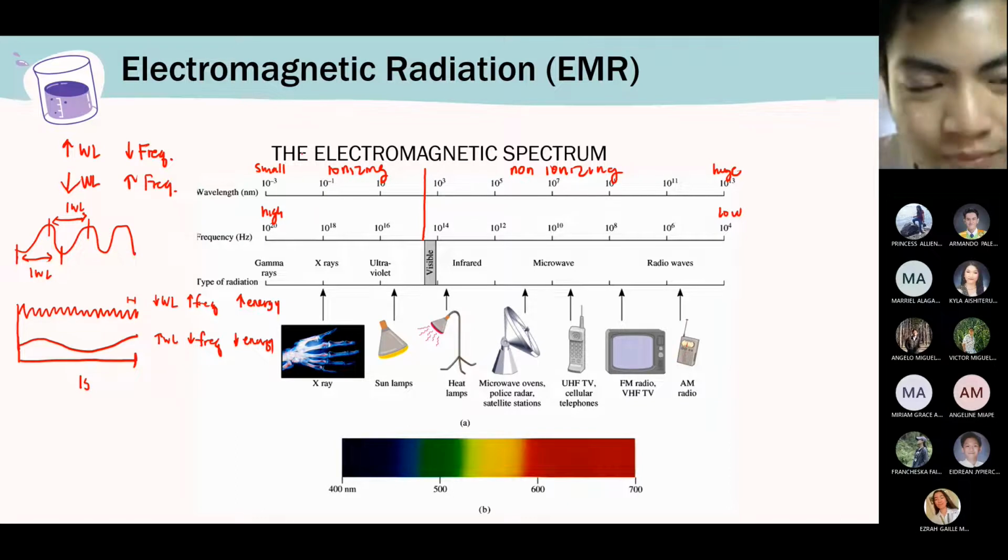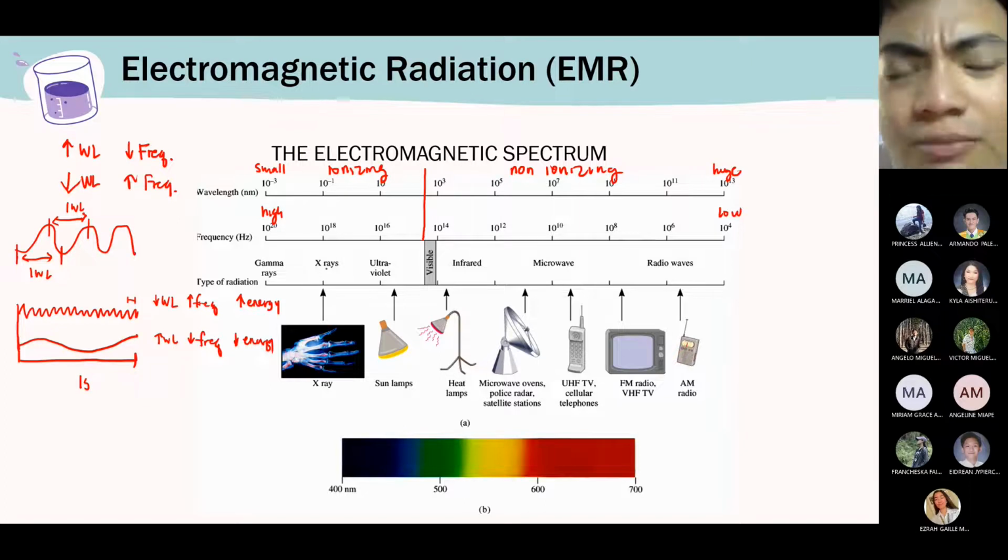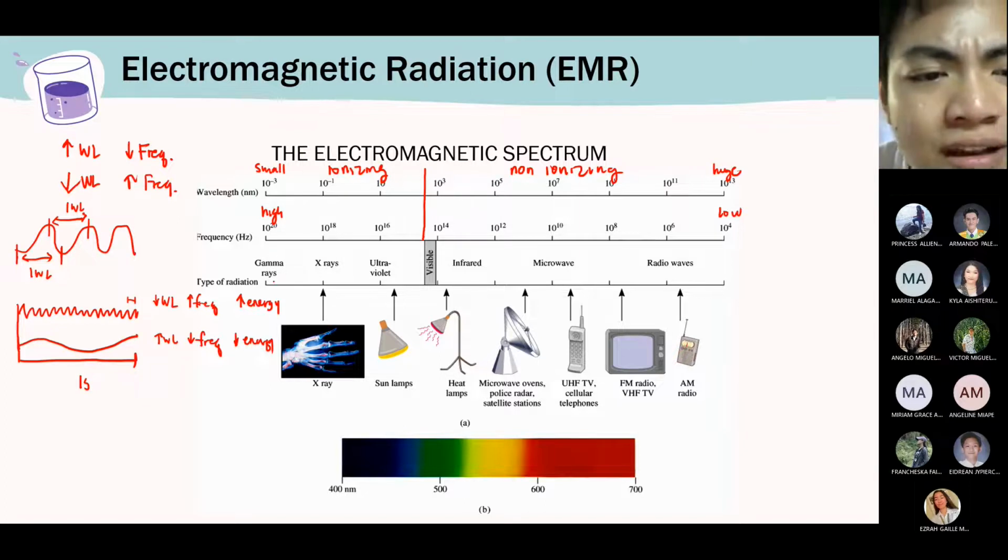Okay? And under ionizing radiation, we have three types of radiation: the gamma ray, X-ray, and the ultraviolet. No? So, you know, ultraviolet was a concern, no? Kasi it is a concern pa rin pala, no? When you are exposed under the sun for a prolonged period of time, no?